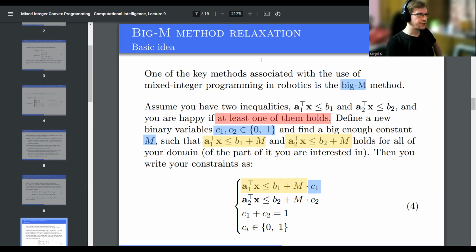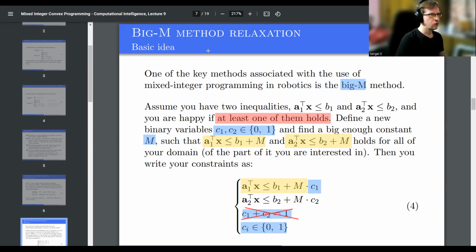Now, last touch. We make sure that C1 plus C2 is equal to 1. Now we have essentially two options. Originally, if we got rid of this constraint, we had 4 options: C1, C2 equal to 0, 0; 1, 0; 0, 1; and 1, 1.